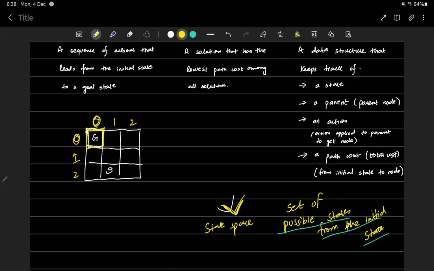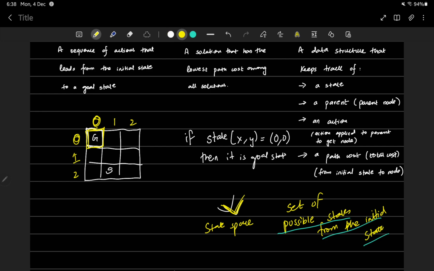So in my program I can write that if the state's xy coordinates are equal to 0 comma 0, then it is a goal state, right?